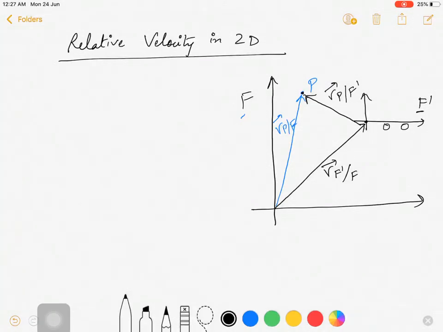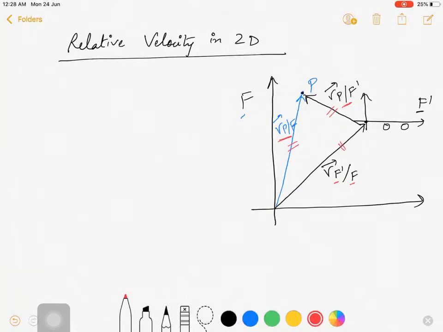Now from the triangle law of vector addition, the sum of these two vectors is nothing but this vector. So the sum of the position vector of particle P with respect to the moving frame of reference plus the position vector of the moving frame of reference with respect to the fixed frame of reference is nothing but this one.